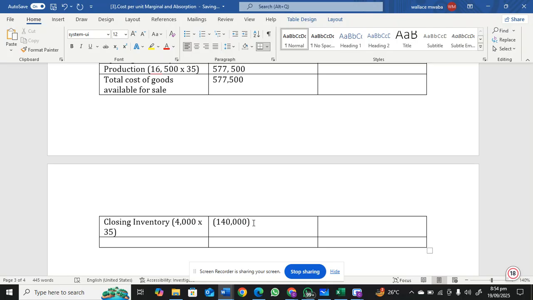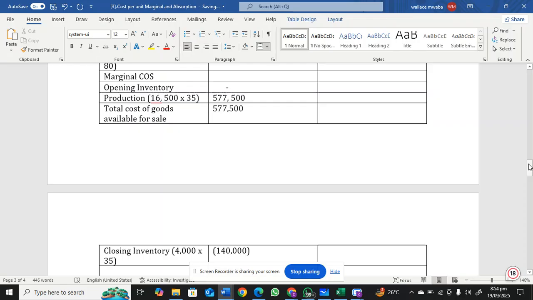You get 437,500. This is your cost of goods sold.